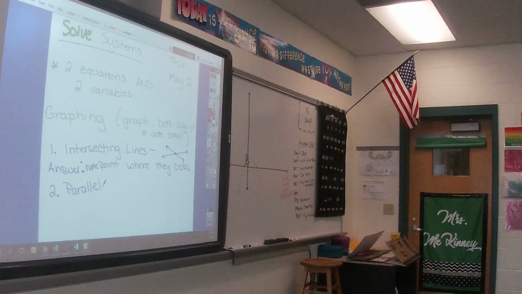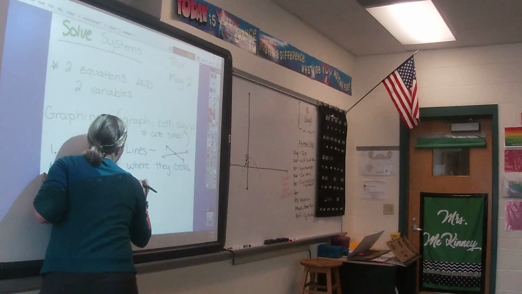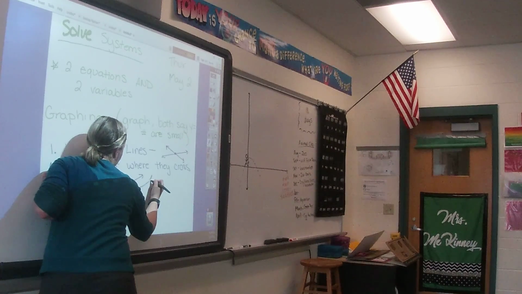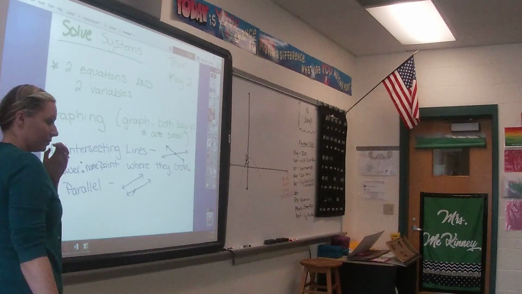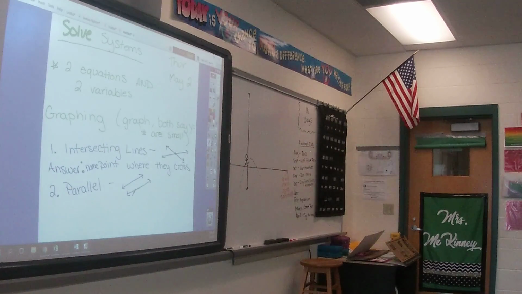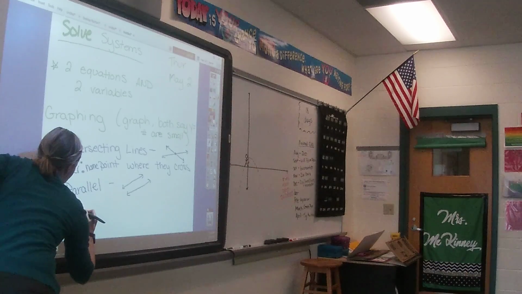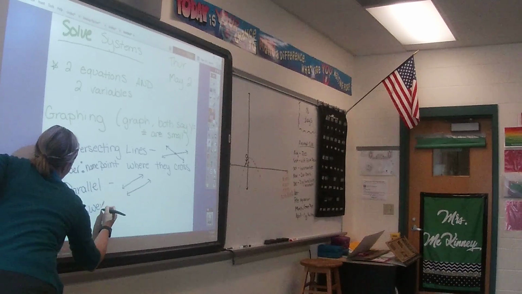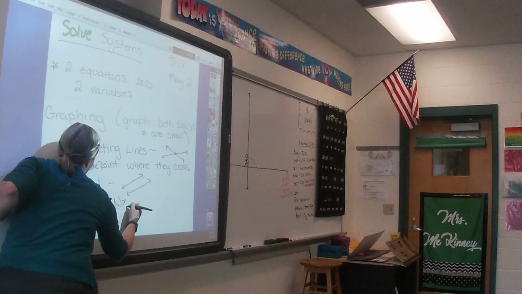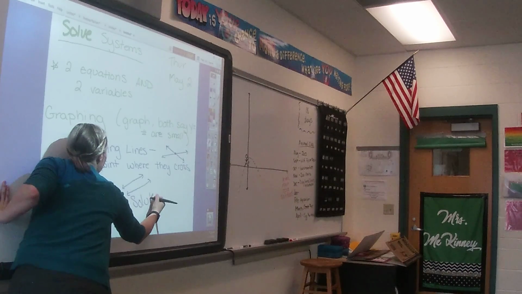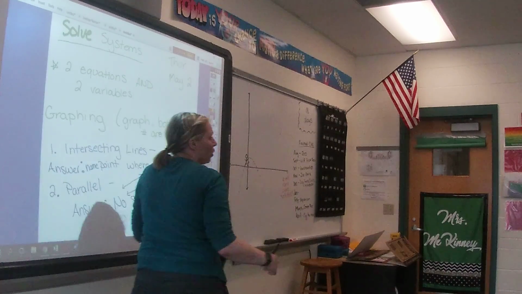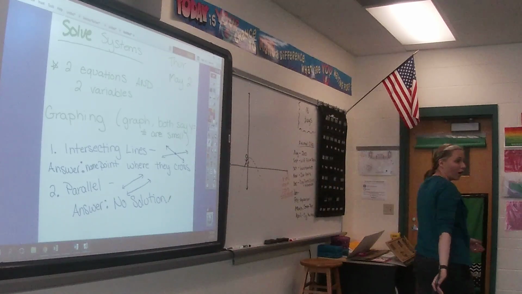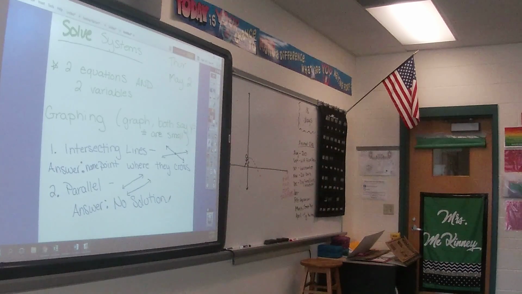So in this situation, we'll get lines that do this. If we get parallel lines, there's no point to name because they don't ever cross. So our answer will be no solution.